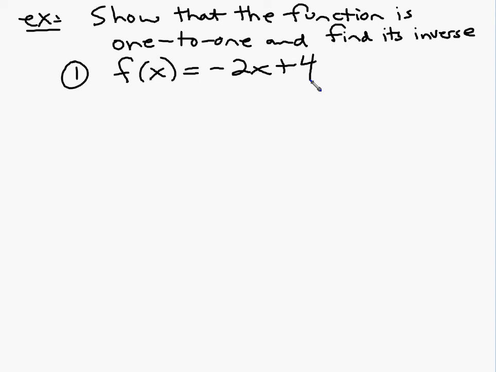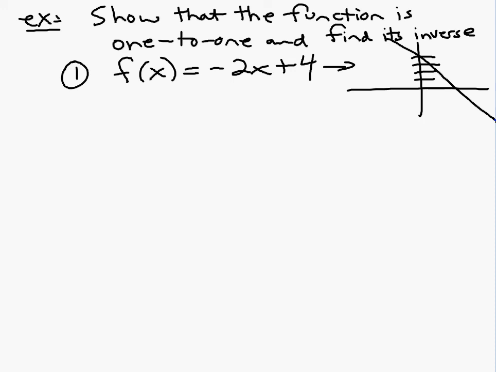Now, how can I show that that puppy is 1-to-1? Does it pass the horizontal line test? Yes. So let's think of this. What is this function? Well, it is a linear with a negative slope going through 4. So I think every linear would have an inverse, wouldn't it? Okay. Passes the horizontal line test.